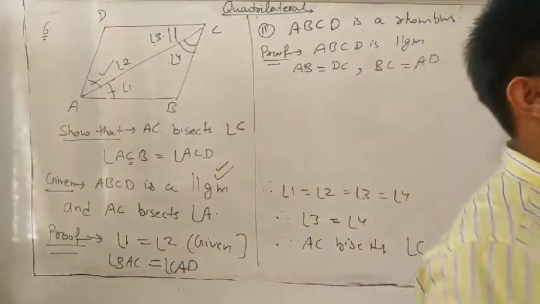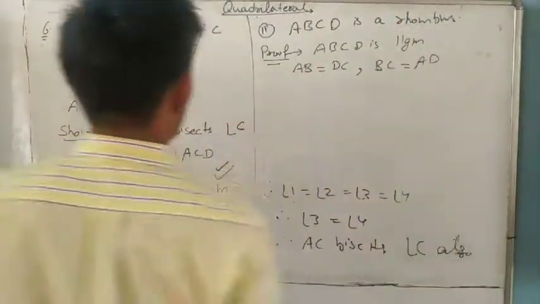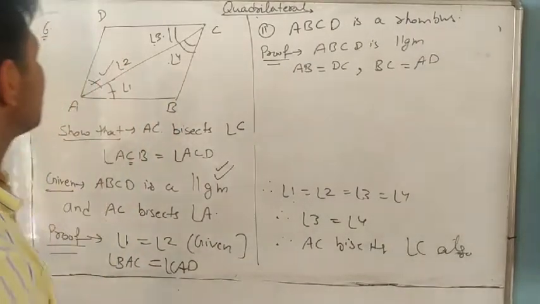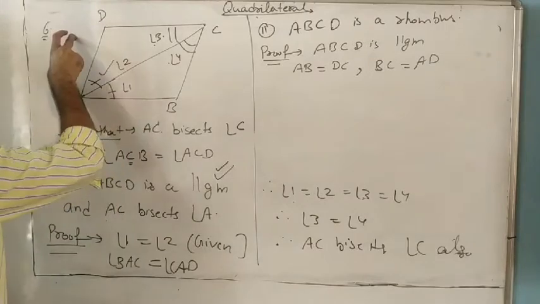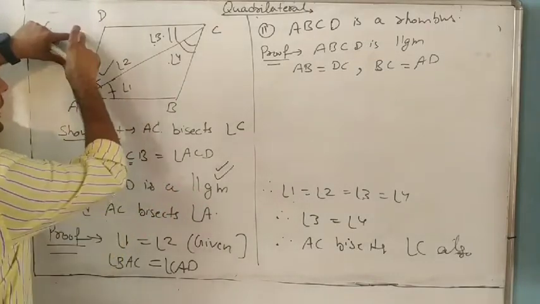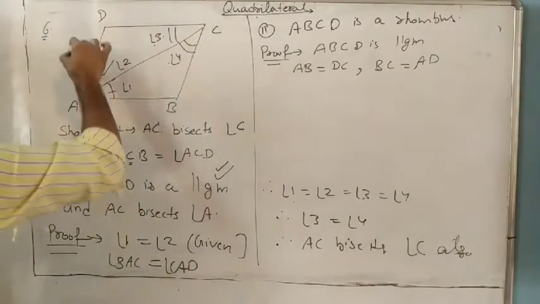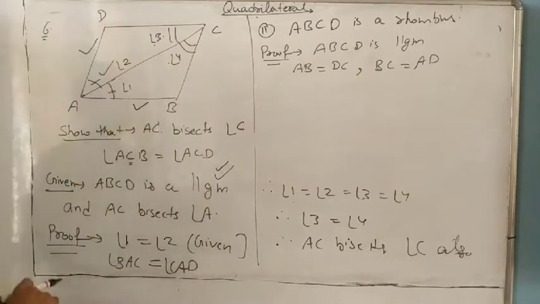Only one thing remains. What do we want to prove? A rhombus means each side is equal. It means AB is also equal to AD. If AB equals AD, then AD is also equal to BC and BC also. So we want to prove that AD and AB are equal.